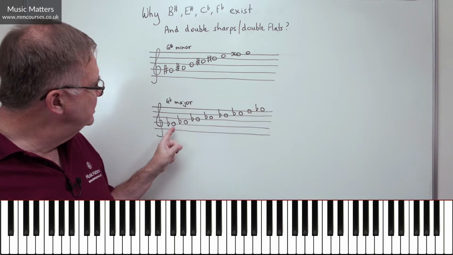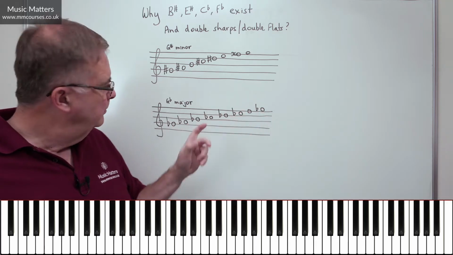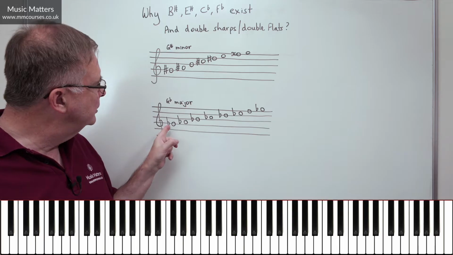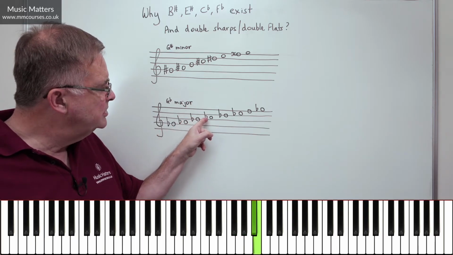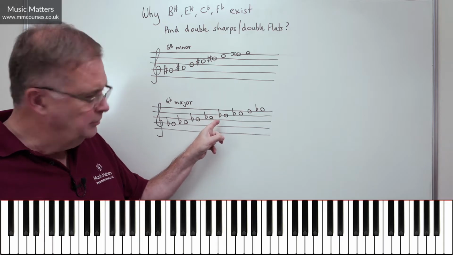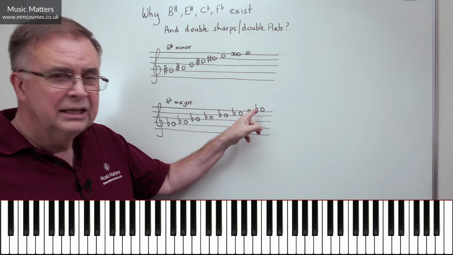So do you see I've got one of each letter, G, A, B, C, D, E, F, G. But because I'm starting on G flat, I've got to go tone, tone, semitone, and then I'm moving on from there, tone, tone, tone, semitone.